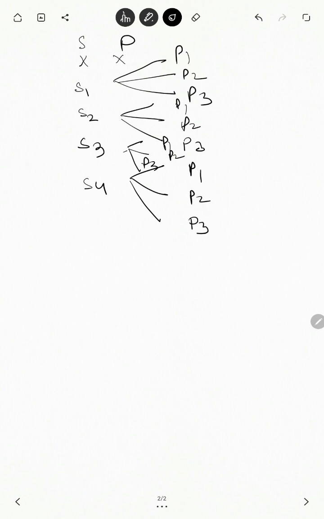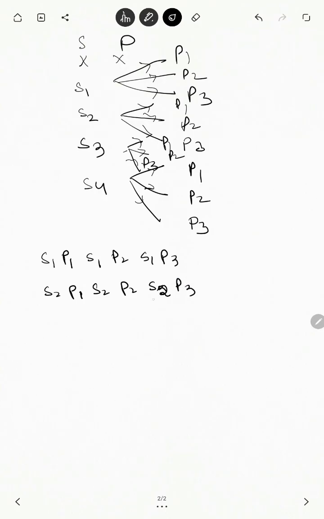Now if we follow these arrows, see how many pairs you are getting, and using this we can generalize the thing. So S1P1, S1P2, S1P3, S2P1, S2P2, S2P3, S3P1, S3P2, S3P3, S4P1, S4P2, S4P3.